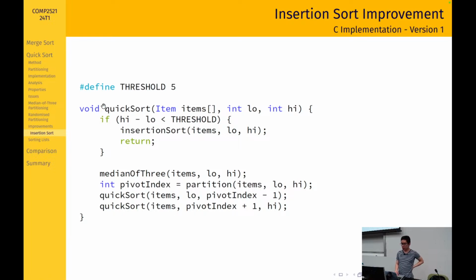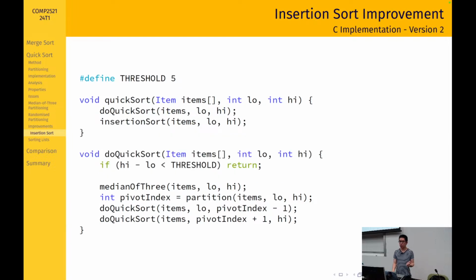So here is how you would implement that improvement. In your quicksort function, if the difference between high and low is less than some threshold that you've chosen, then you sort it using insertion sort instead of recursively doing quicksort, and then you return. That's one way of implementing it, where every time you encounter a subarray of size less than your threshold, you use insertion sort.